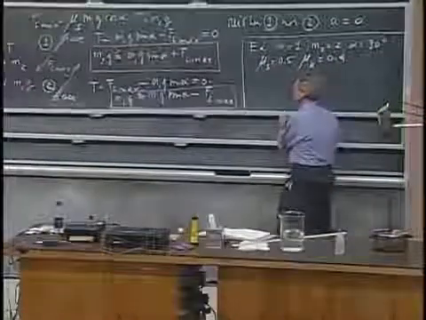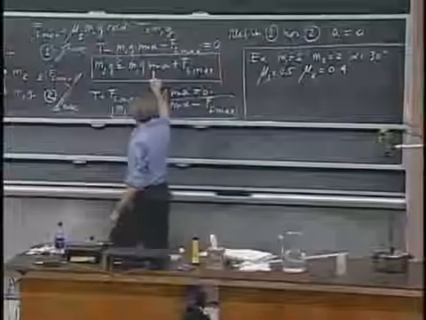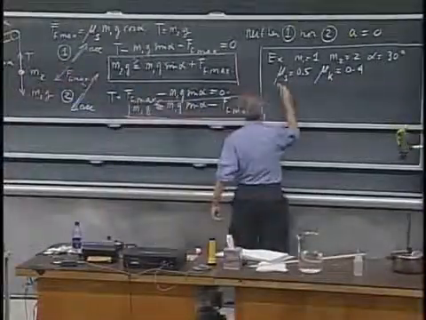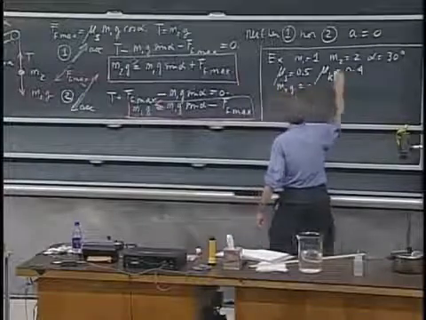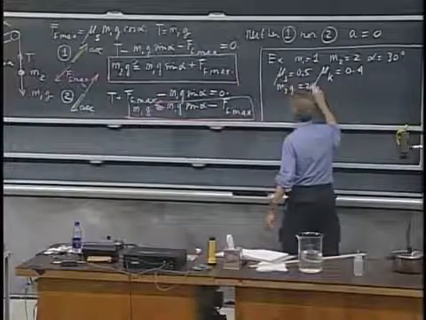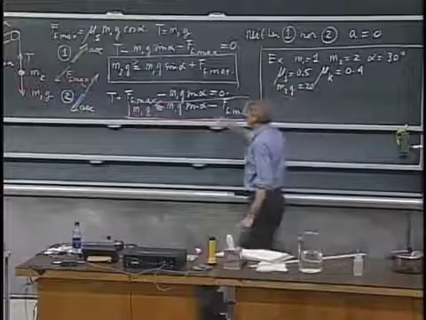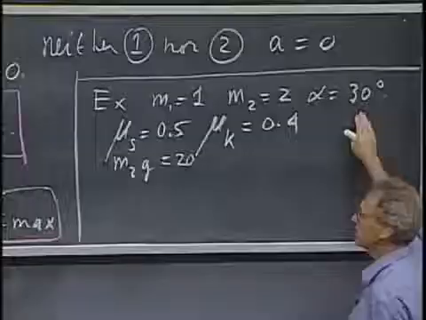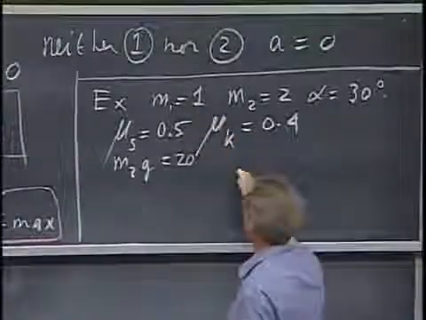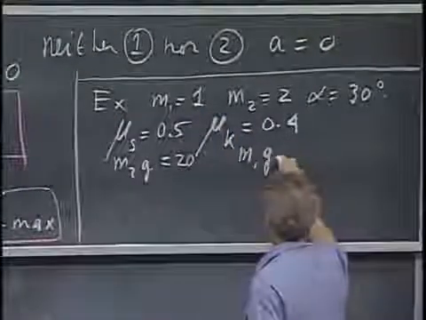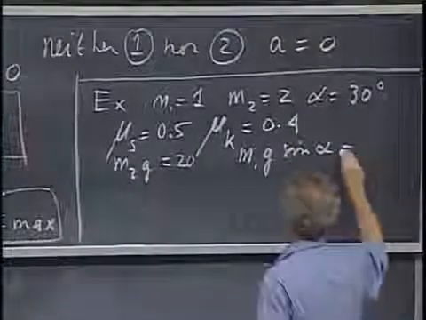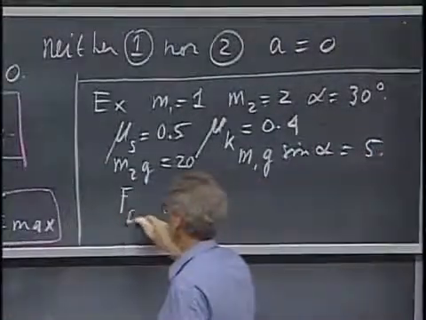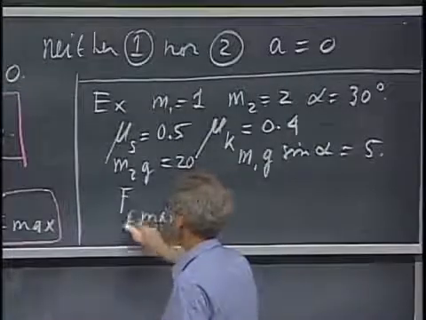What it comes down to is that we have to evaluate these three terms. Let's first take m2g. m2g equals 20. We'll just take for g 10, that is just easier. m1g sine alpha, the sine of alpha is a half, so m1g sine alpha equals 5. And what is f max?